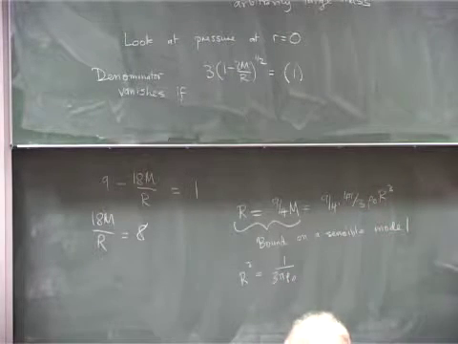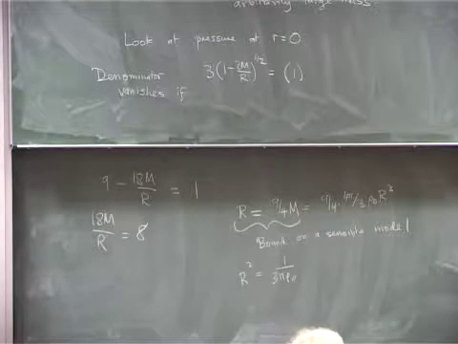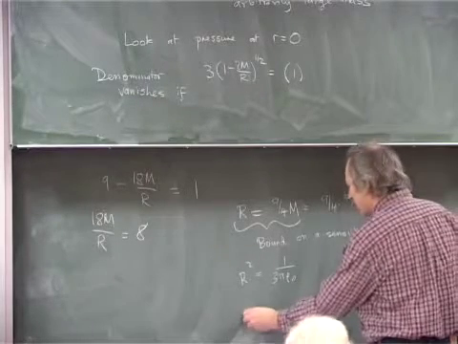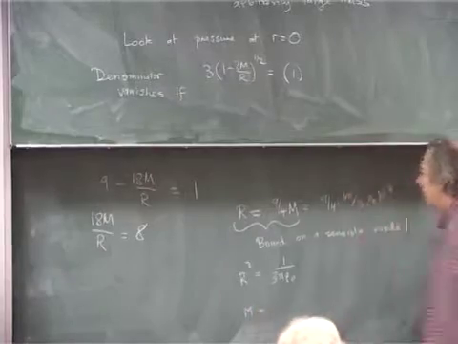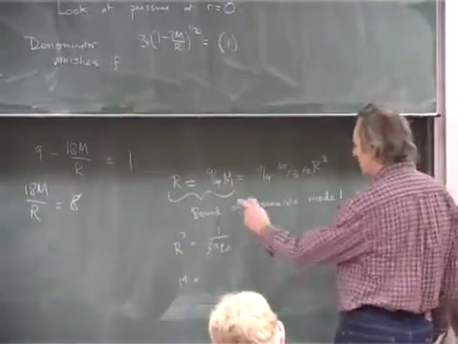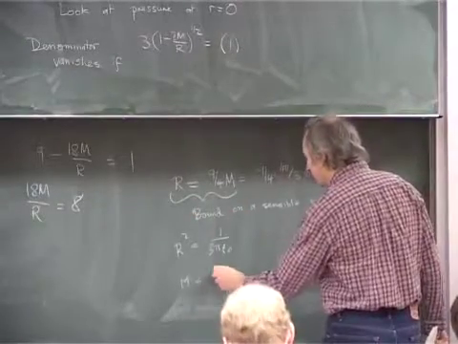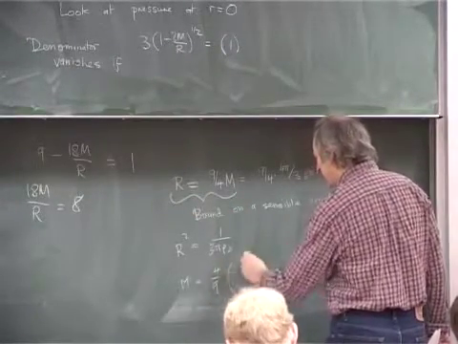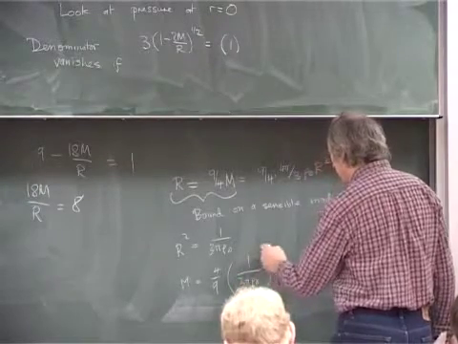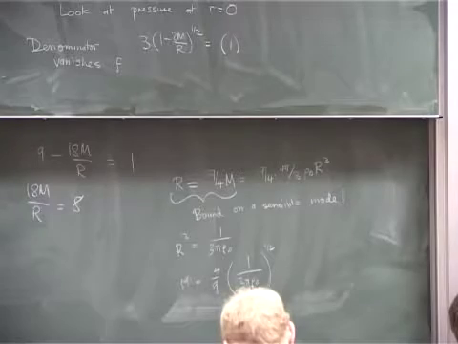Is that right? Okay. And correspondingly, the mass is equal to 4/9 of the square root of this. So this is the maximum mass that you can have.